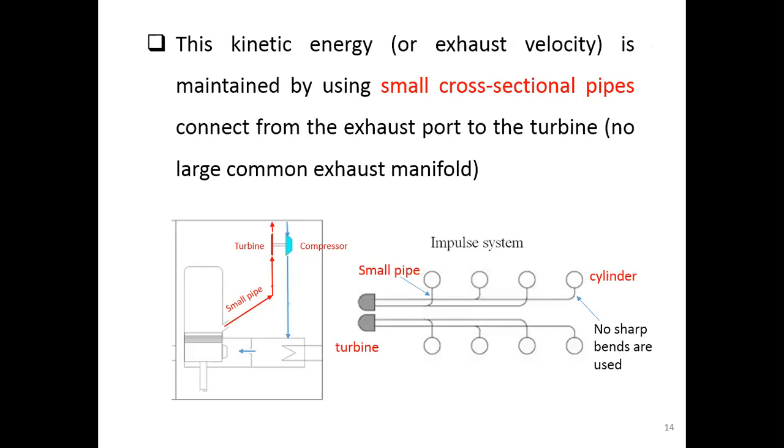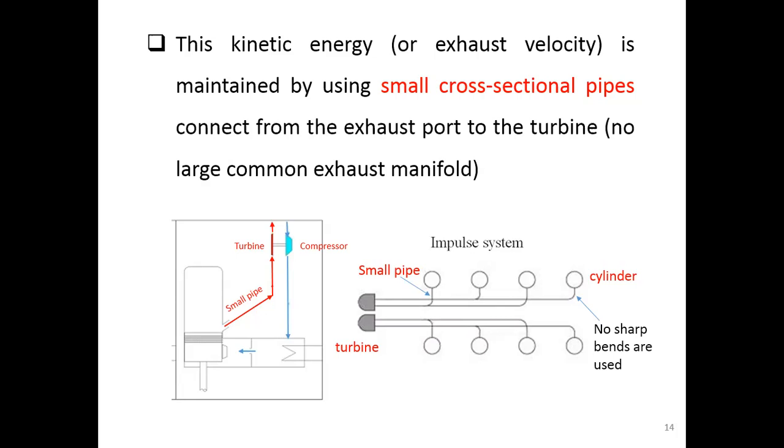So when the exhaust flows from the cylinder into the large manifold, the kinetic energy is obviously reduced, because it flows into a larger section. But in this case, we want to keep the kinetic energy, or the exhaust velocity.